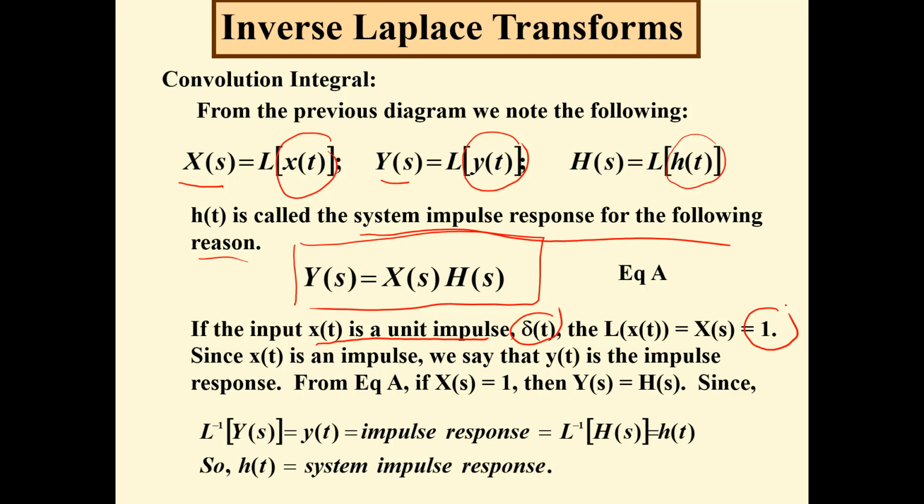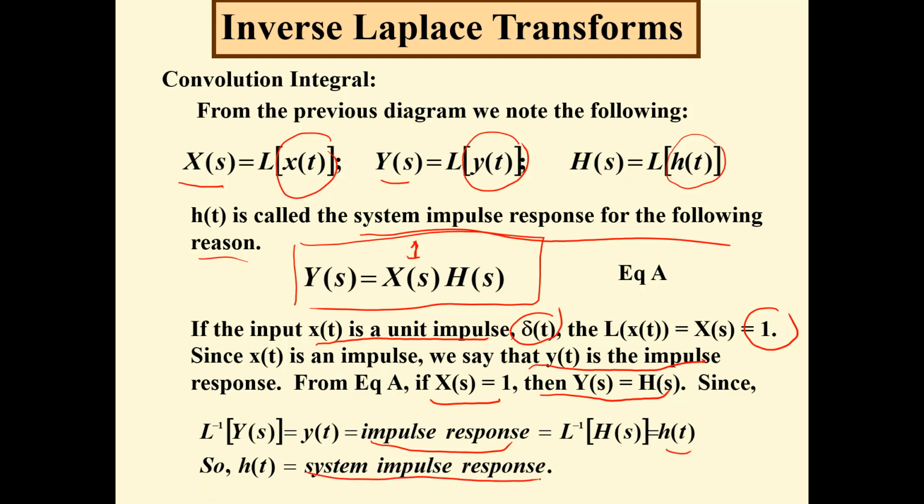Because Y(s) is X(s) times H(s), if X(s) is 1 here, then Y(s) is equal to H(s). So we infer that Y(s) corresponds to y(t), which is the impulse response, or the inverse of H(s) is h(t). So h(t) is the system impulse response.